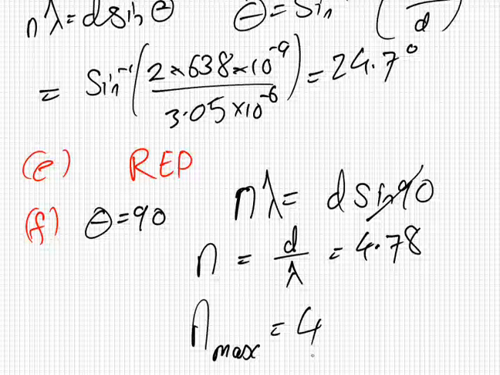C. A diffraction grating has 328 lines per millimeter. What is the line spacing? So, it has 328 lines per millimeter. That means the spacing would be 1 over 328 millimeters.